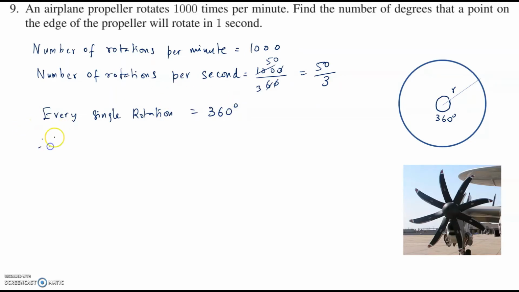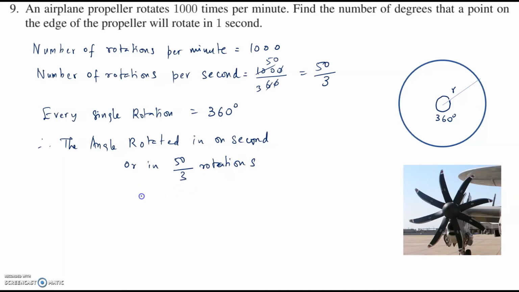Therefore, the angle rotated in 1 second, or you can say that the number of rotations is 50 by 3 in a second.